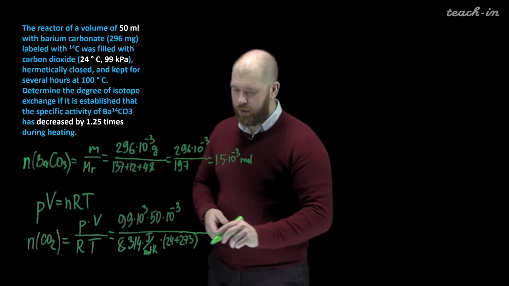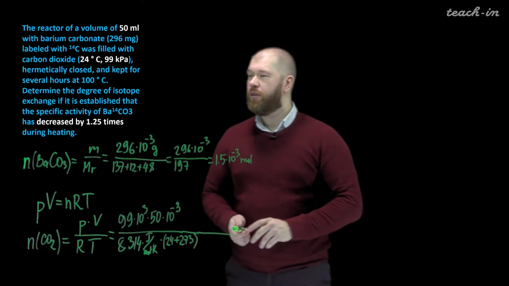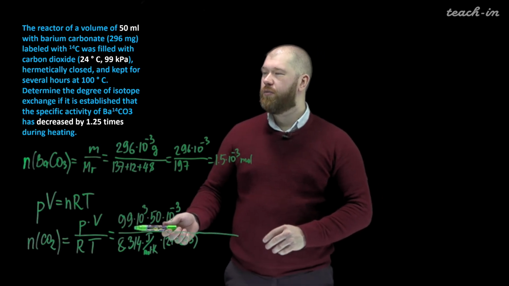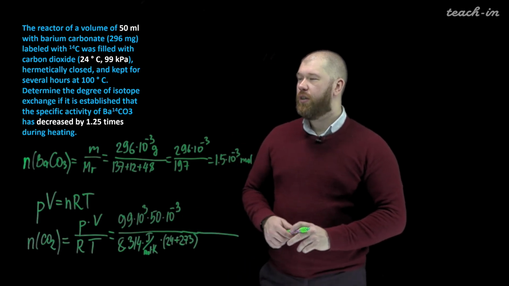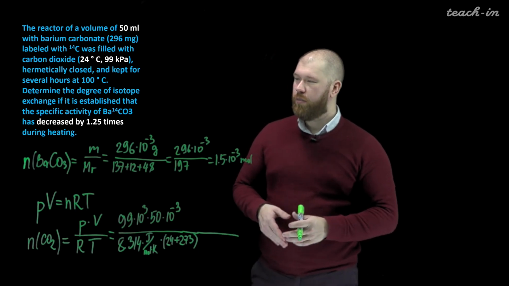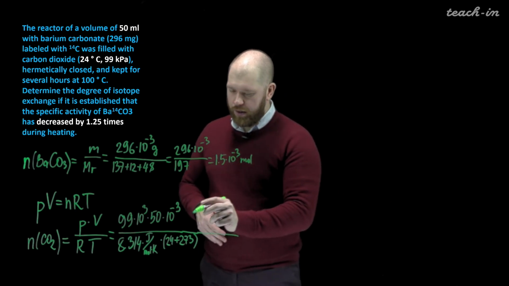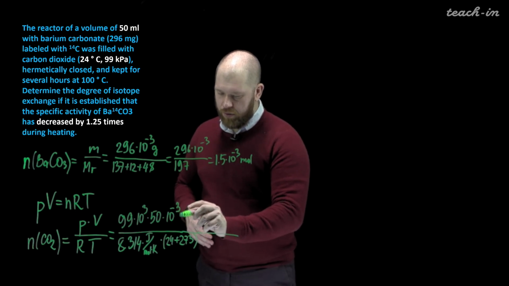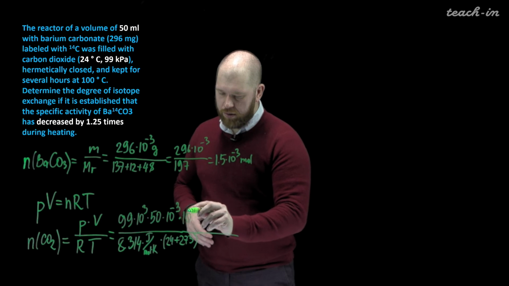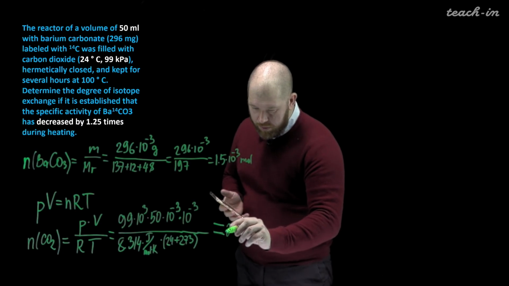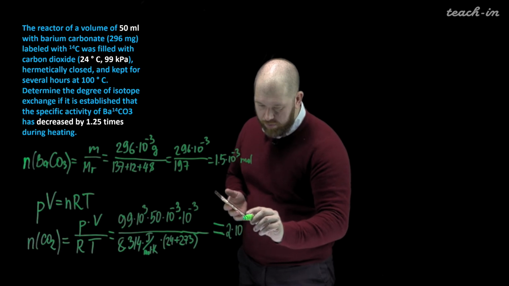Also, we have to convert liters to cubic meters because, for example, Pascal is Newton divided by squared meters, and thus we have to convert liters to cubic meters, so it is again 10 to minus 3. So it will be 2 10 to minus 3 mole.